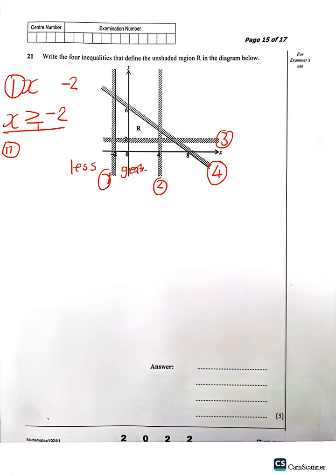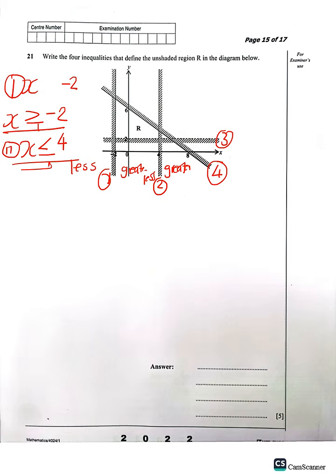This one is cutting the x-axis at 4. So this is x, then 4. Now between the two regions, this region is greater, then this less. So whenever you have a vertical line, a region to the right is greater while to the left is less. So we are looking for the less part, so we use less than or equal to.